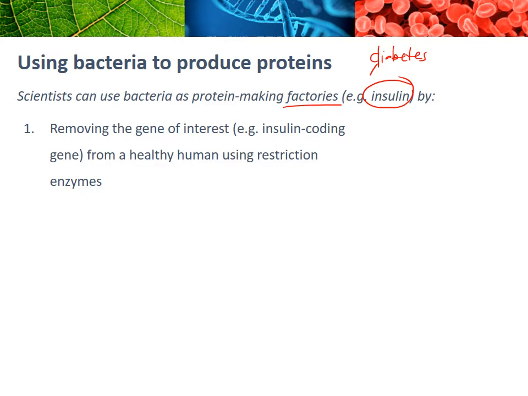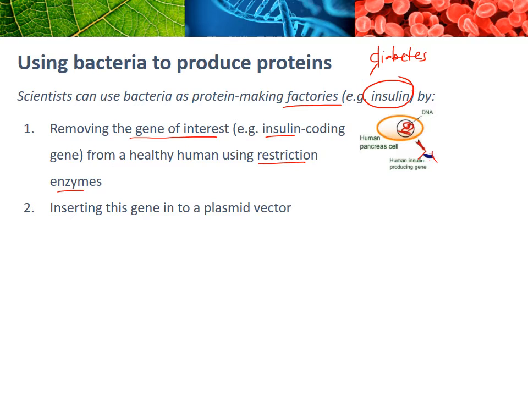The way we would use a bacteria to produce insulin is we would first remove the gene that codes for insulin from a healthy human. And remember, we remove bits of DNA by using restriction enzymes. So let's say this is a healthy human cell and they've got the healthy insulin gene in there. A restriction enzyme would be used to cut a section of that out.